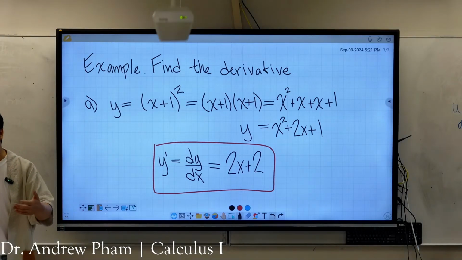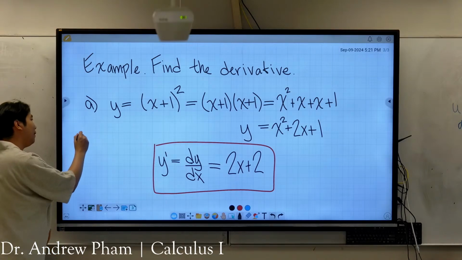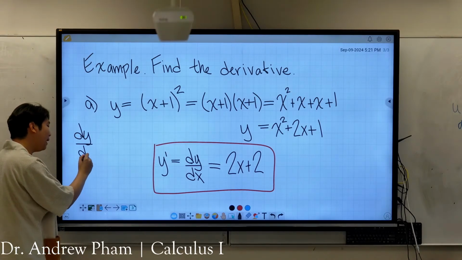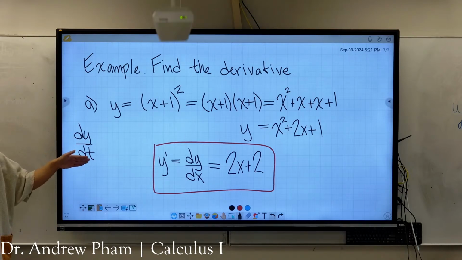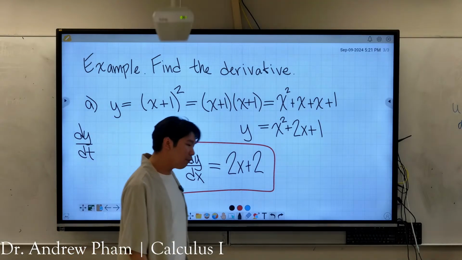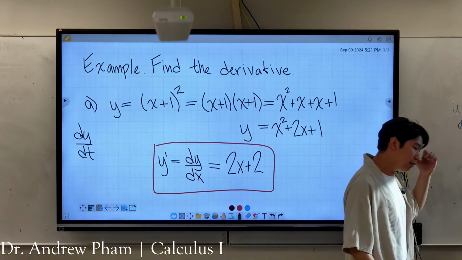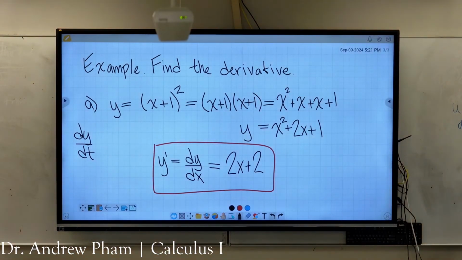For example, if you're working in physics, you have functions of time. So maybe in physics, you might use dy/dt, the derivative of the function when we're talking about the variable time, stuff like that. So I just wanted to make a small note about that. If you ever see a different letter, make sure that you change it.